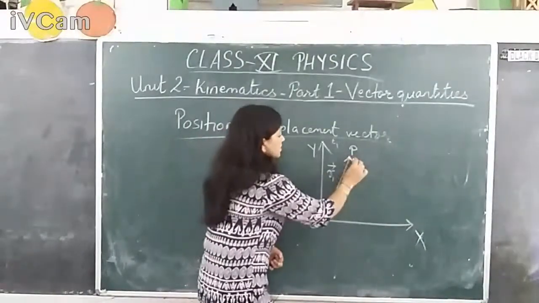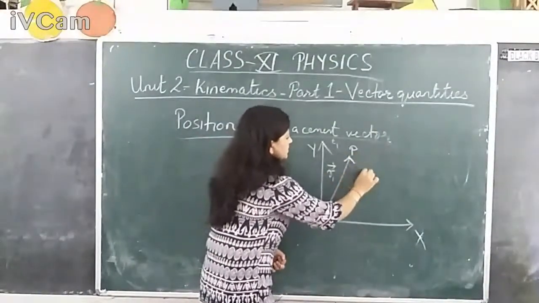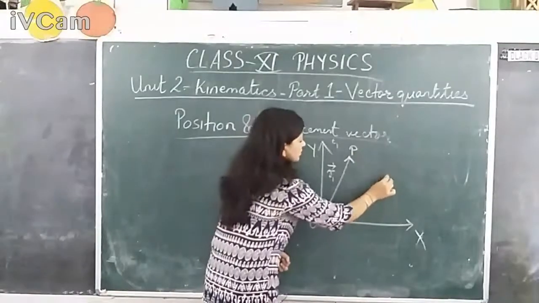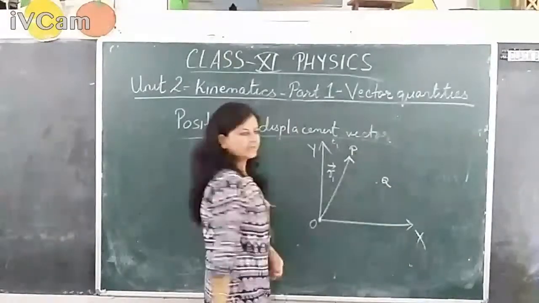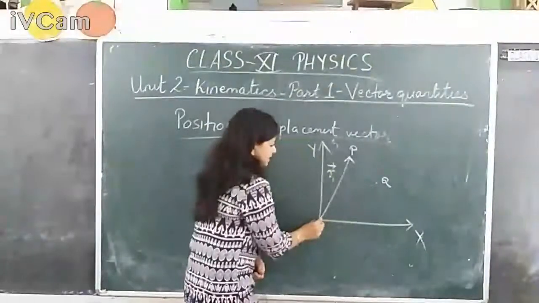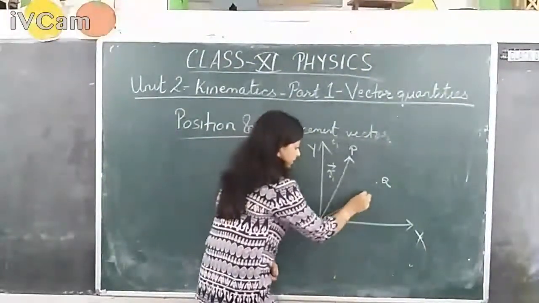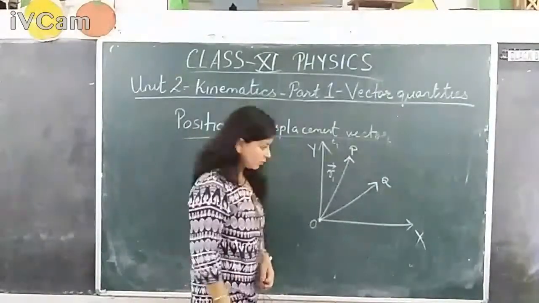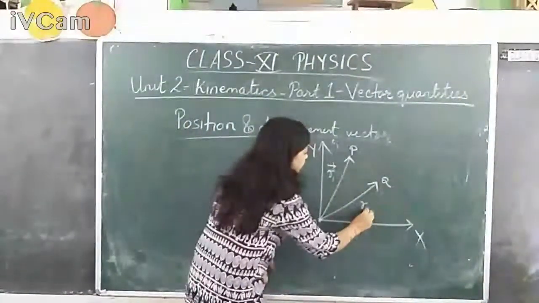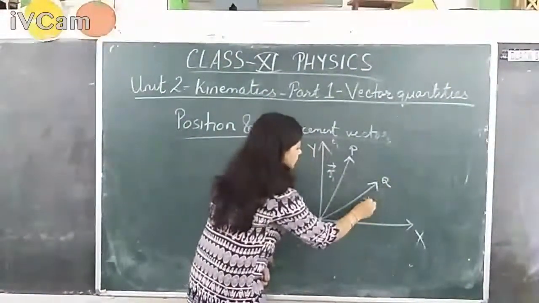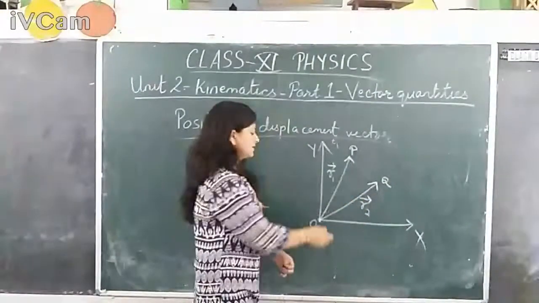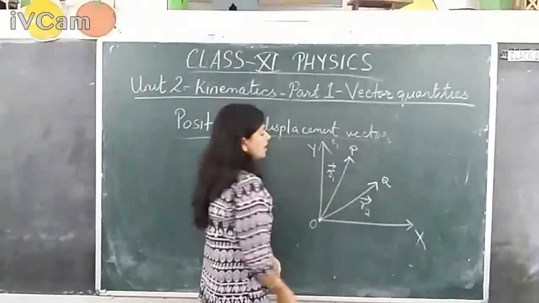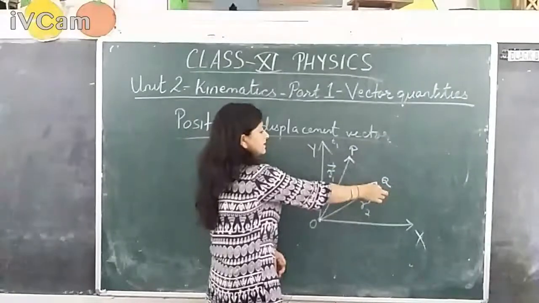Now suppose the particle moves and at time t2, with respect to the origin, this happens to be the position Q, denoted by the letter R2, of course with an arrow because it is a position vector. Now there is a displacement, right?